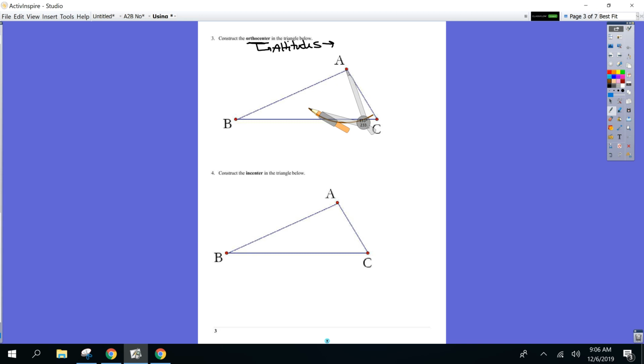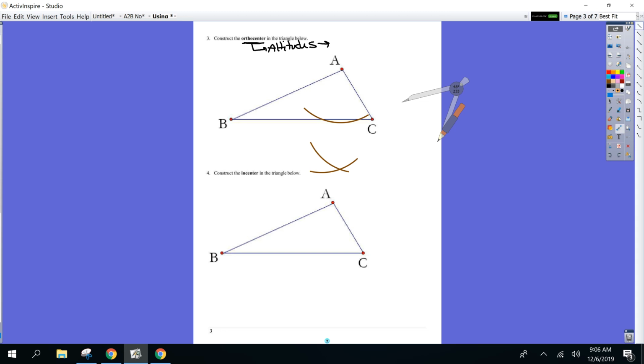There we go. And then go from each point of intersection. You can draw the full line in, or you could just draw it to the opposite side for the altitude. That's your call.